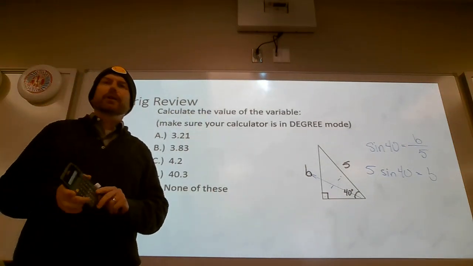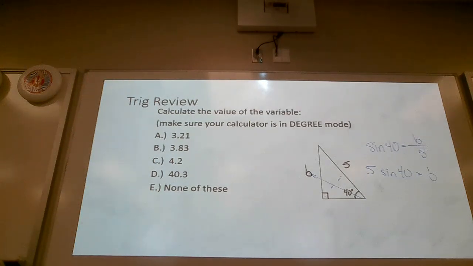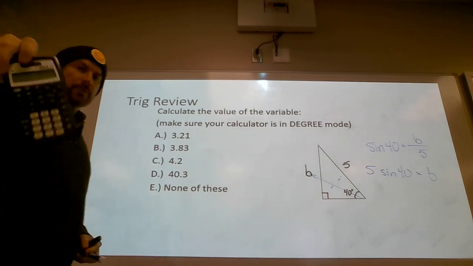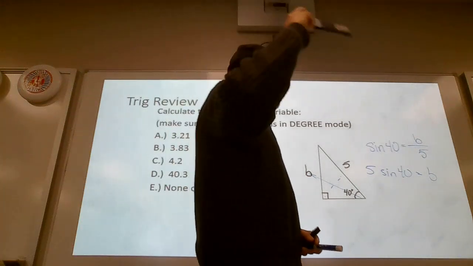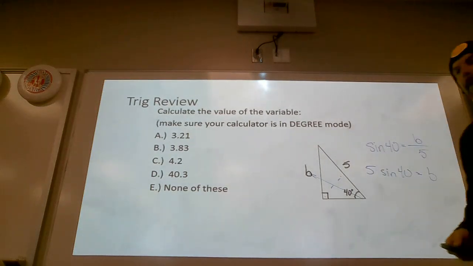If you're using your Apple default calculator on your phone, you stick in 40 first and then hit sine and then hit times 5. If you have one of these calculators, a little more user-friendly, editable, you hit sine first and then 40. Okay.